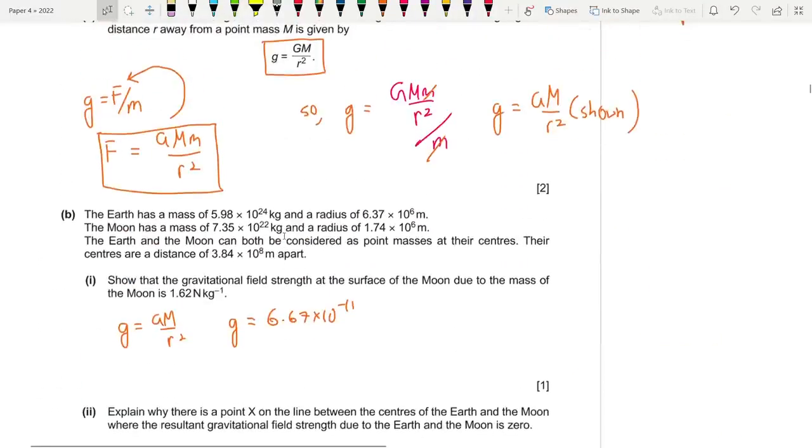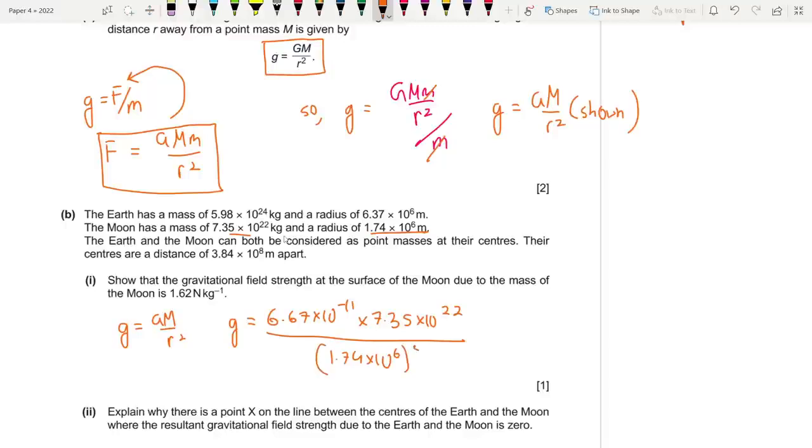So 6.67 times 10 power minus 11 times the mass of the moon, which is 7.35 times 10 to the power 22 divided by R square. The radius is this. So remember, the unit of mass is kilograms and the unit of distance is meters, so we do not need to convert it. Okay, so it's just 1.74 times 10 to the power 6 whole square.